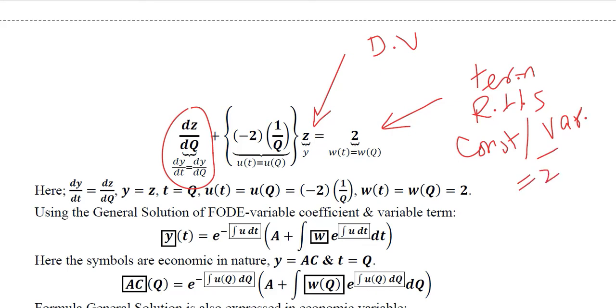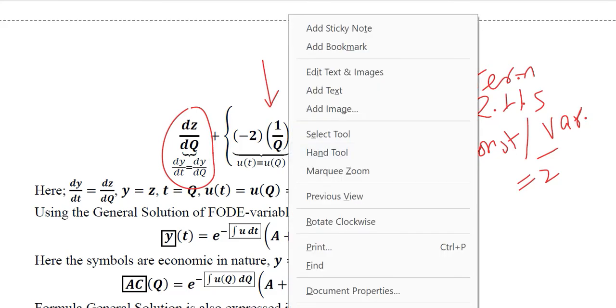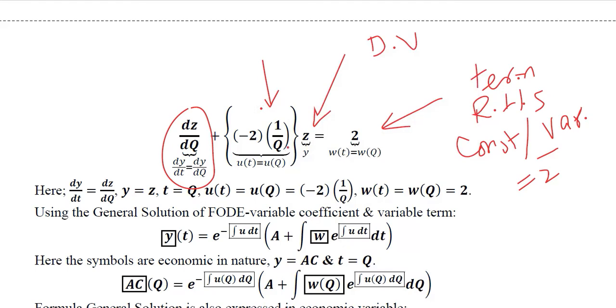So this is the coefficient term, and in this case it is a variable term because there is q in it. So when we have q, it means that the coefficient is a variable coefficient.